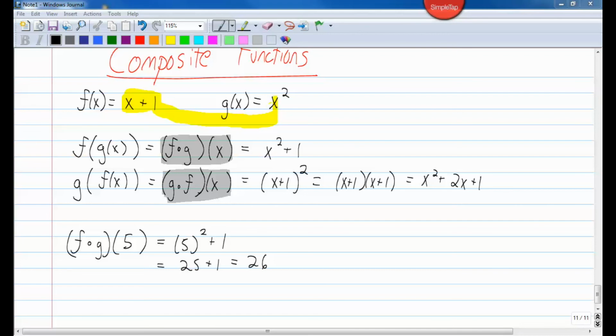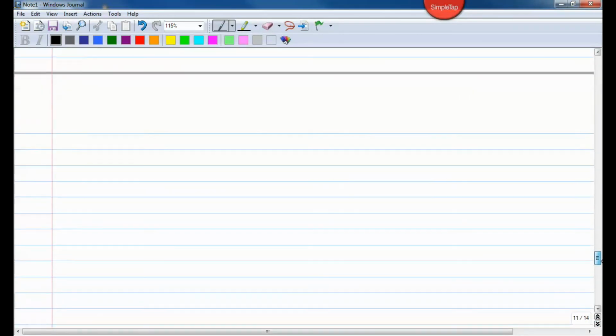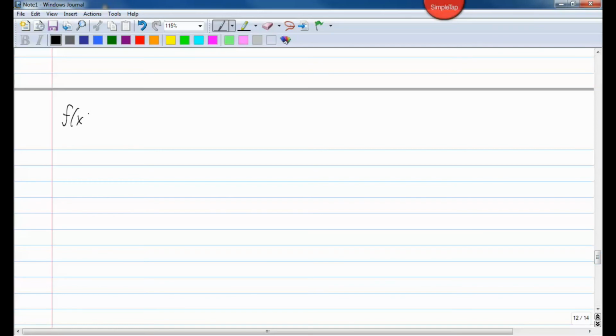Alright, so let me work a few more examples on that. Let's say that my two functions were f of x equals 3x and g of x equals x minus 5.